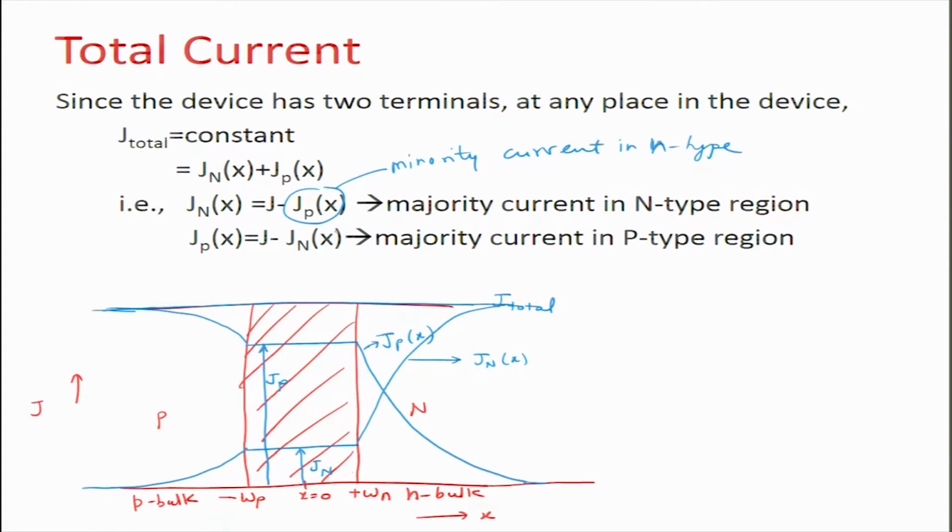Similarly this will become the minority current in the P type. So basically this would be for the region which is X greater than Wn, and this would be for the region which is X greater than or equal to minus Wp, right.